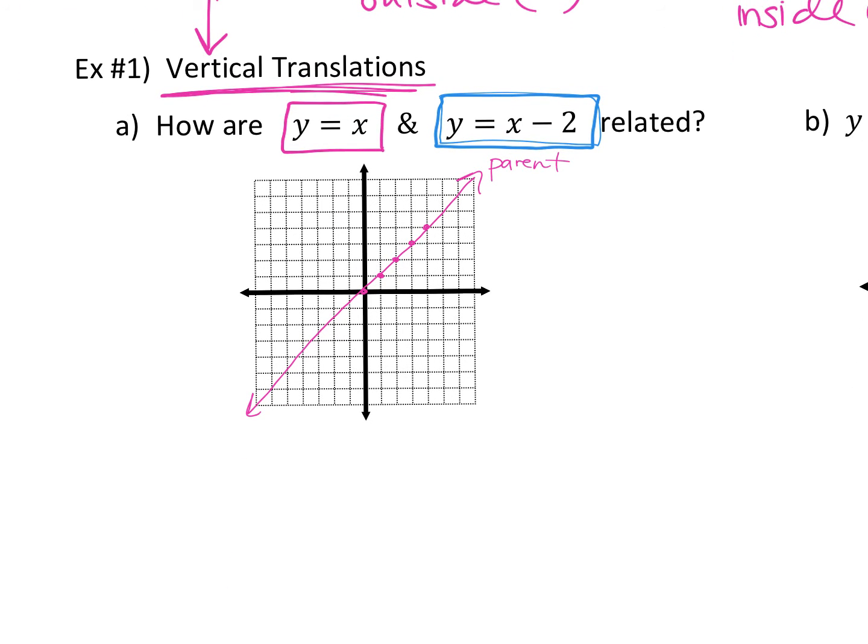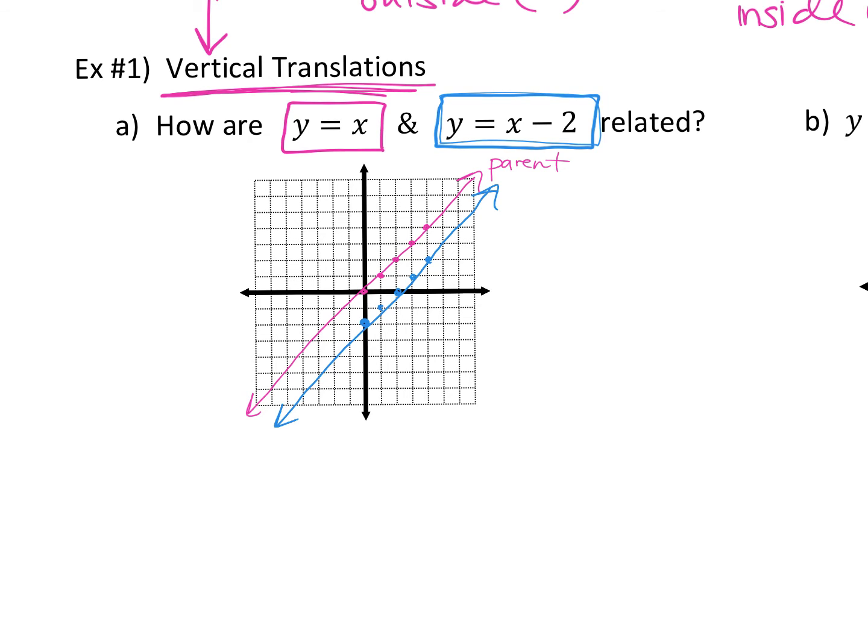Now, rather than have to graph that how you know, like, oh, here's my y-intercept, here's my slope, you don't have to do that stuff because it's the same graph, just shifted down 2. So we're going to go down 2 and do the exact same graph. Up 1 over 1, up 1 over 1, up 1 over 1. This is my translation. It slid to right there.